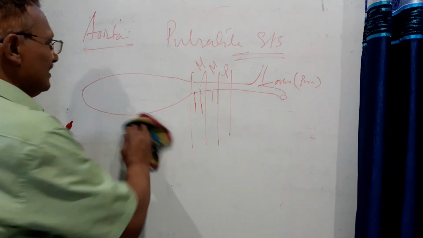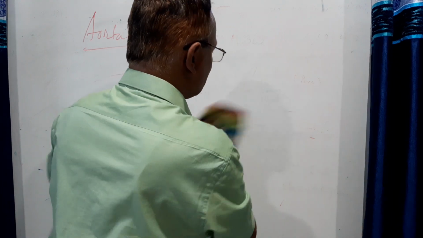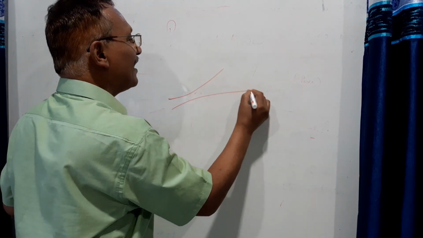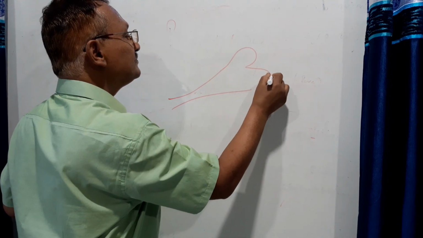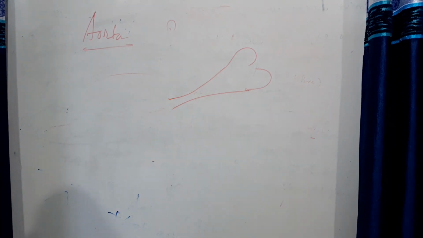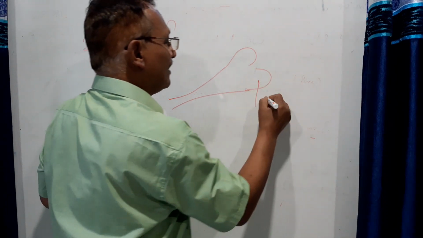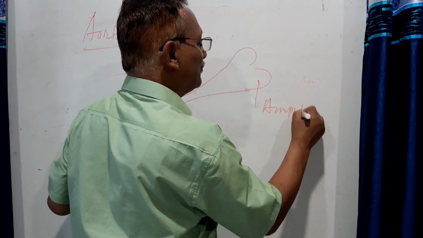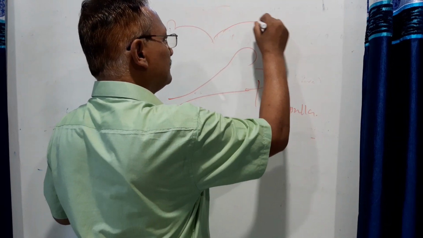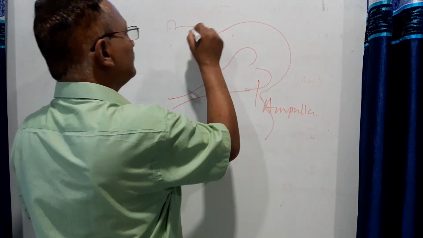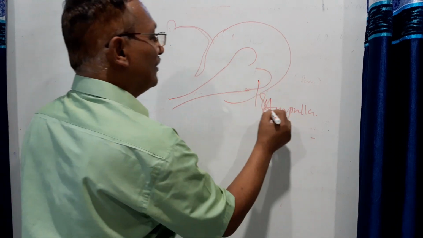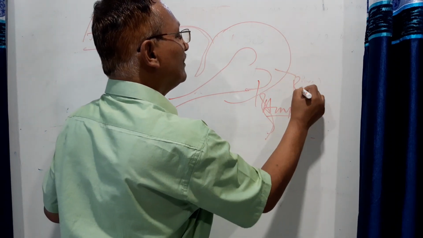Pulsatile organ is nothing but this tubular structure modified into an ampulla, and it is a reservoir.